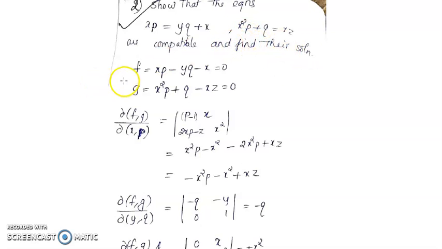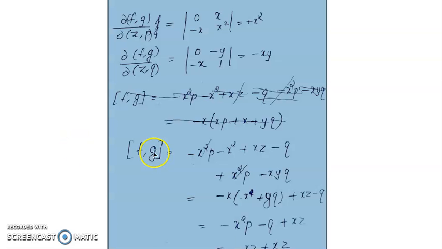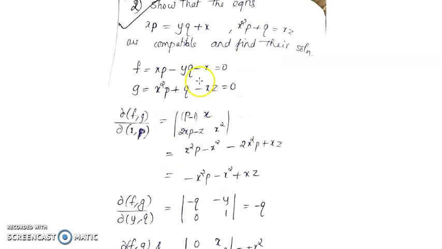So first we'll write in the form f equal to 0 and g equal to 0. Last class we have seen the condition, so you need to find this value, box fg. So here f is xp minus yq minus x equal to 0 and g is x square p plus q minus xz equal to 0.